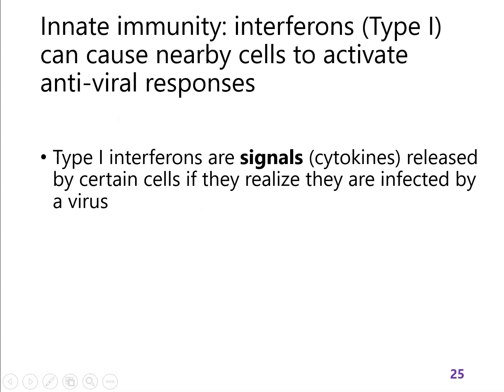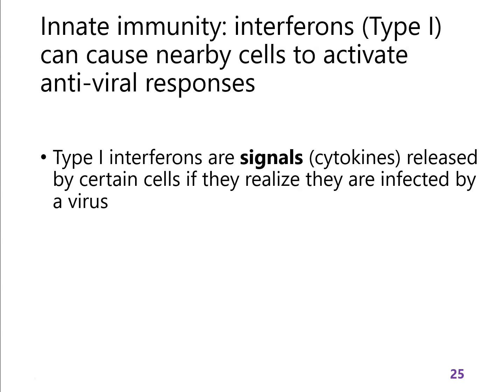Another innate thing is interferon. And interferon is a cool thing to know about. We can use certain types of interferons as treatments for viruses, and we can think about what interferons do. They are innate signals.